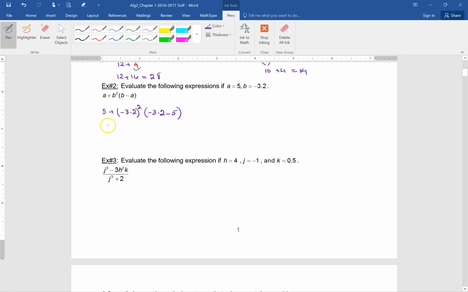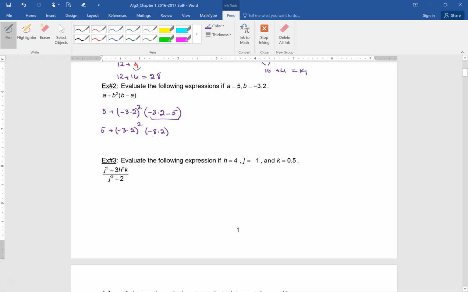The parentheses, so I have 5 plus -3.2 squared, and what do I get in the parentheses? -8.2. Okay, so what I have here is -3.2 minus 5. When it's two negatives, 3.2 plus 5 is 8.2, and you put a negative in front. Any questions on that?